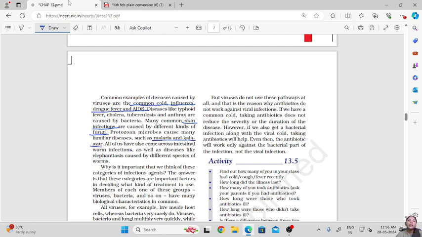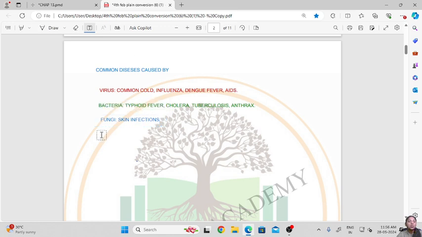So malaria and kala azar are caused by protozoans.